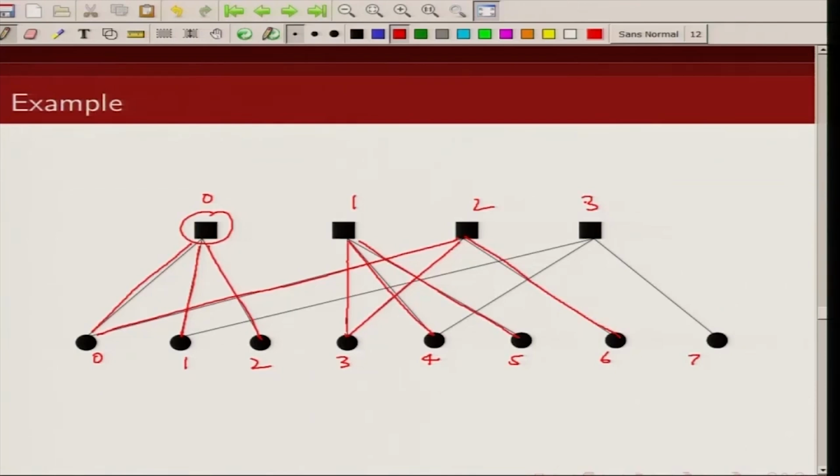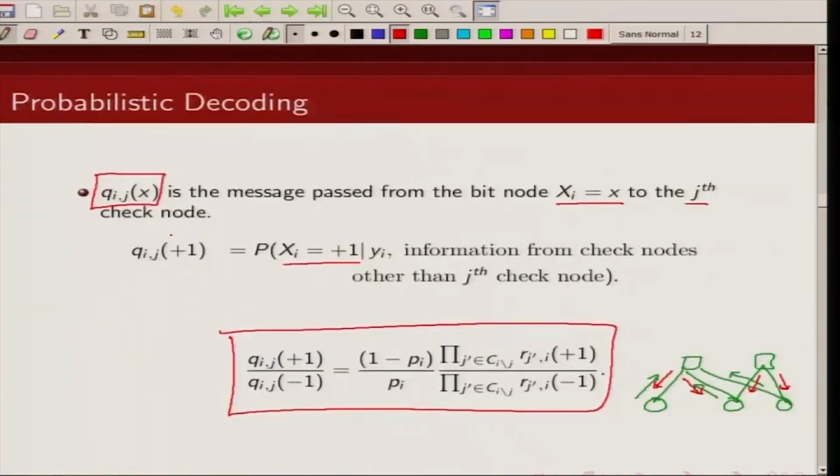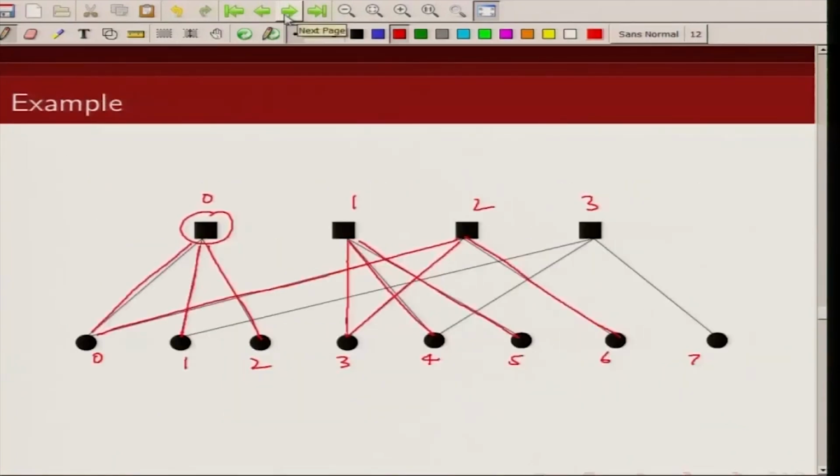Q00. So Qij is the message passed from the ith node to the jth check node, right? So you need to compute the Qijs for this particular example. Let's look at the 0th node. You need to compute Q00 because you are sending a message from the 0th node to the 0th parity check.